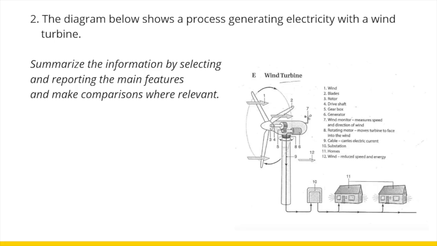So make sure to read your prompt, which states the following: the diagram below shows a process generating electricity with a wind turbine. It actually clearly states it shows a process generating electricity with a wind turbine. So you have a process, and it explains how electricity is being generated with a wind turbine.